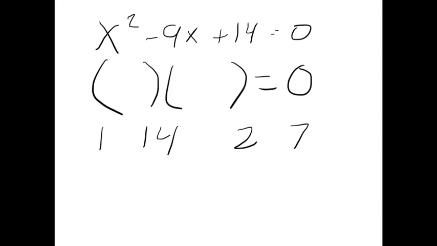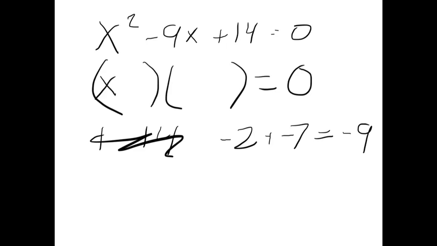So what we need to realize is that there's more than one way to get +14 out of 2 and 7. We could also have -2 times -7. And when we add those together, we get -9, which is what we're looking for. I'm ignoring this for now because it wouldn't get negative 9.